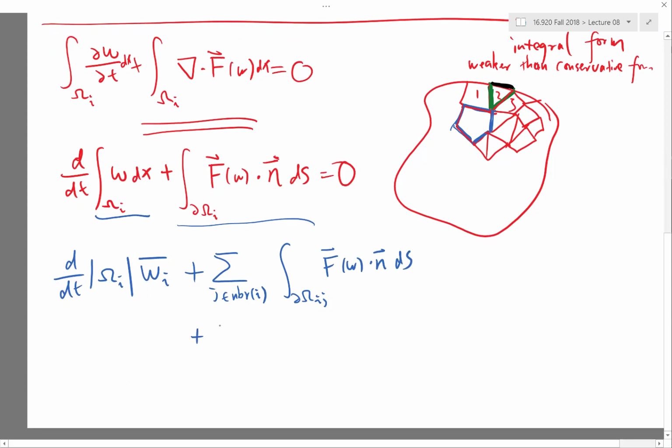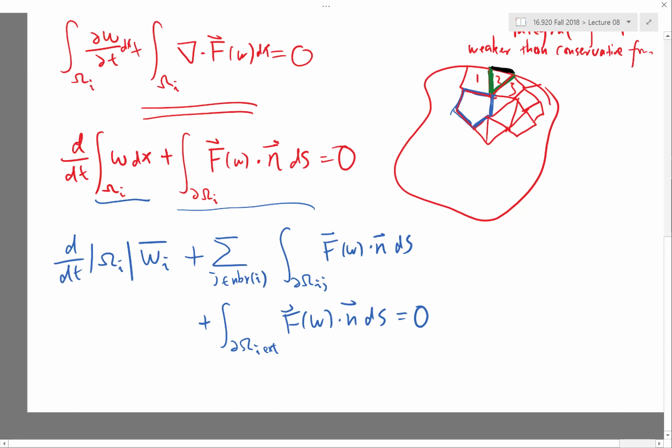And then there is another term, with no summation anymore, over partial omega I exterior, the boundary that separates the cell I and the exterior of the domain, equal to 0. Up to now, I still haven't made any approximation, so all the derivations are mathematically exact.